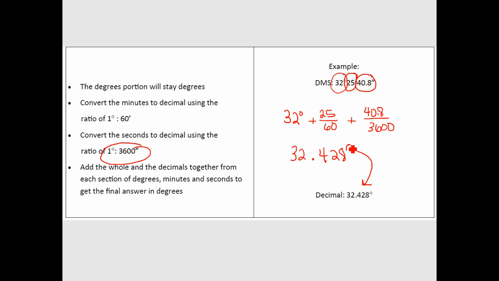And that would be all in degrees. So 25 out of 60 needed for minutes, 40.8 out of 3,600 needed for degrees there, okay, for our seconds.